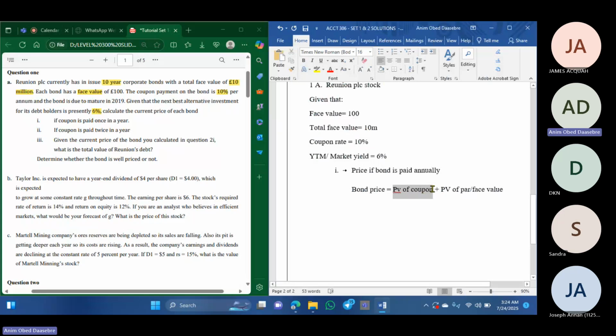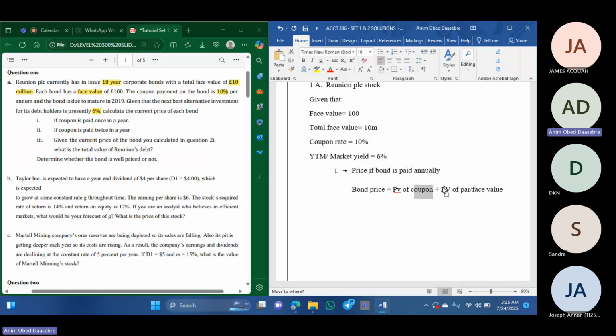To find the present value of the coupon, we are going to use the annuity formula to discount the coupon to today. And the present value of the par is a single amount that we pay at the maturity year. So at the end of the 10 years, you pay the face value of the par. But the coupon is paid annually for 10 years.